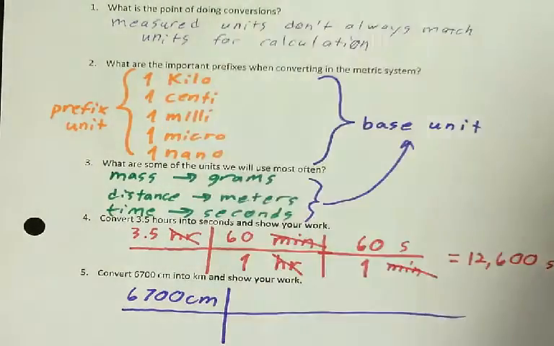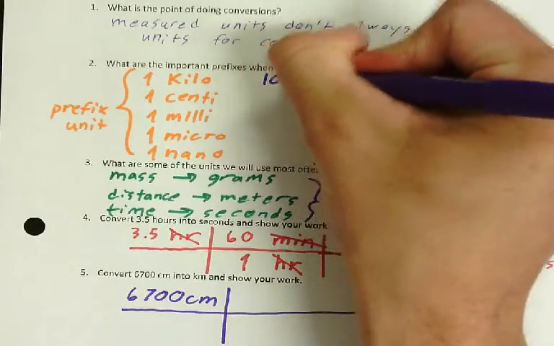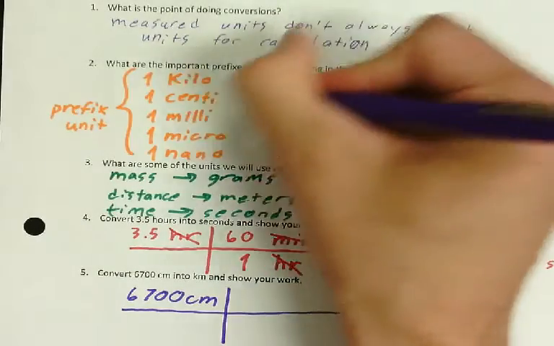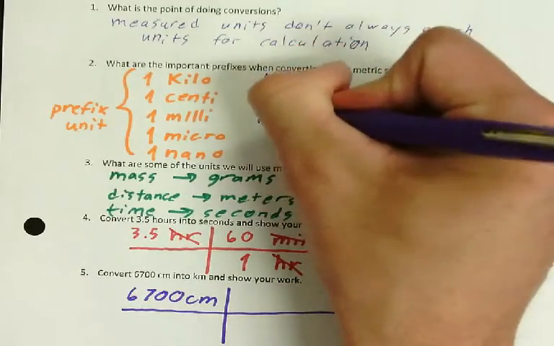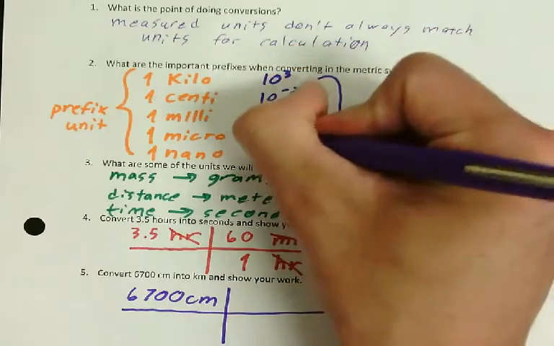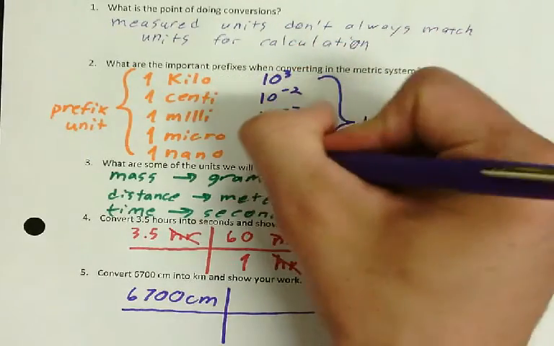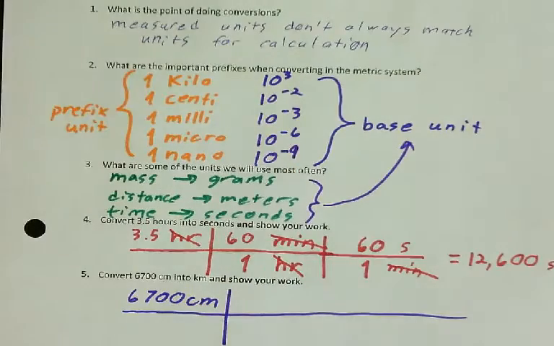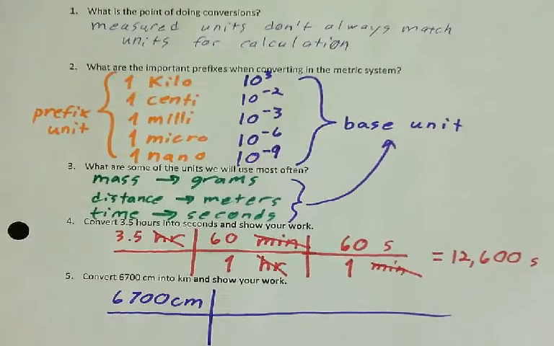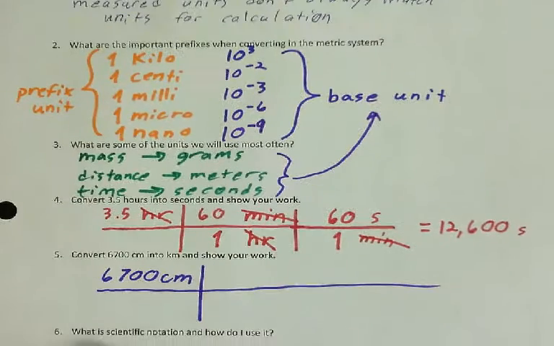For every 1 kilo, there's 10 to the third base units. For every 1 centi, there's 10 to the negative 2. Milli is 10 to the negative 3. Micro is 10 to the negative 6. Nano is 10 to the negative 9. I'll give you a chance to write those down.